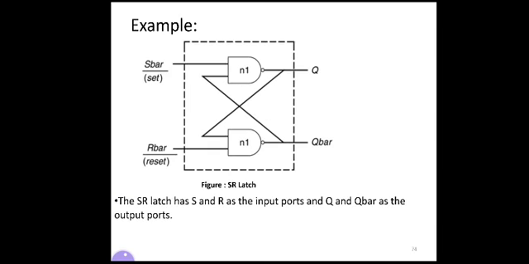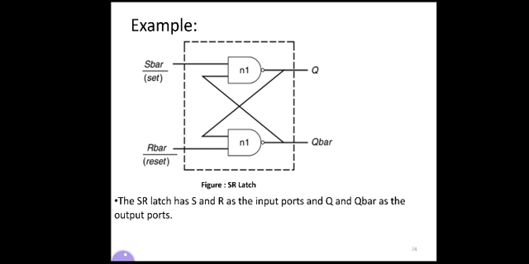Example, observe the figure carefully. This is an SR latch. The SR latch consists of 2 NAND gates, N1 and N2. The name given in the figure is N1 itself, but make a correction: the above NAND gate is N1, the below NAND gate is N2. It has 4 ports, 2 input ports and 2 output ports.